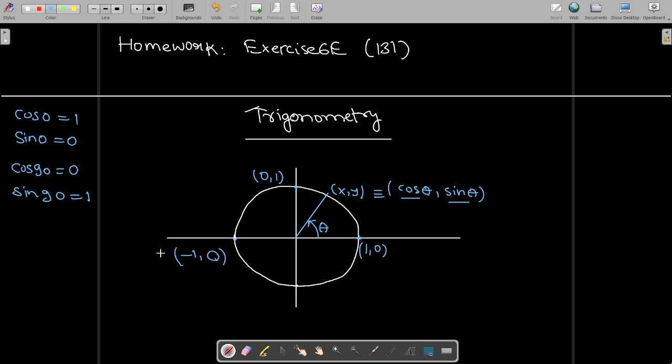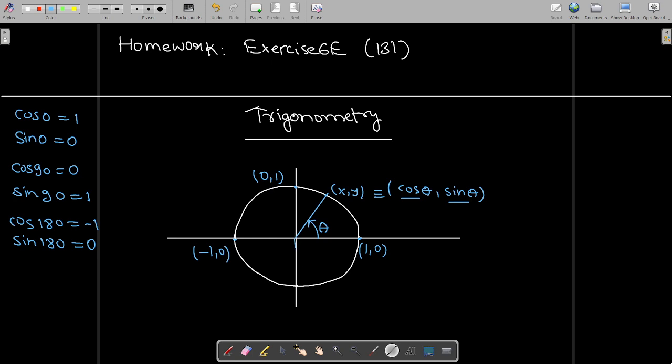So that means what is cos 180? Cos 180 is minus 1. And sin 180 is 0.